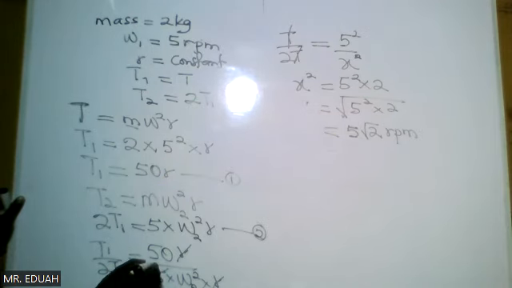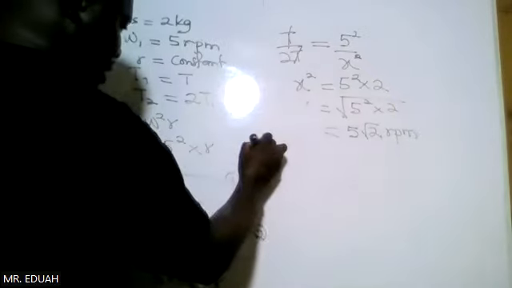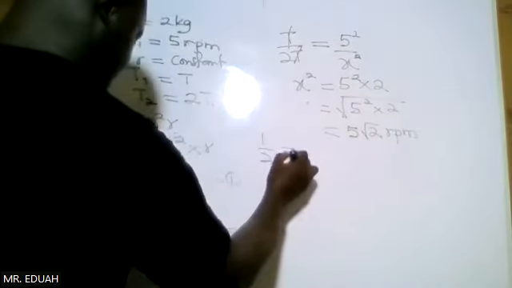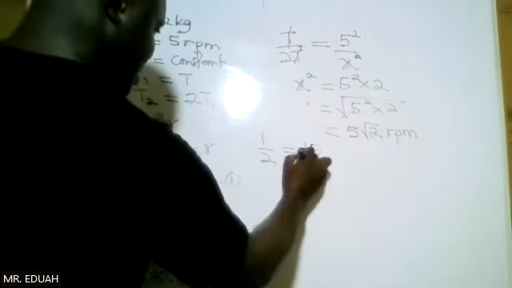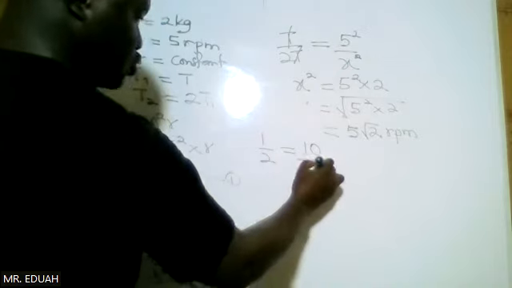This goes into 50, 10. T1 will cancel. So we have 1 on 2 is equal to 10 divided by omega 2 squared.